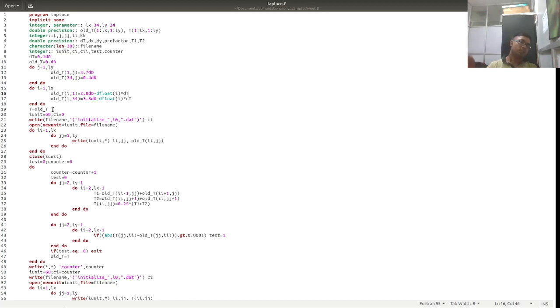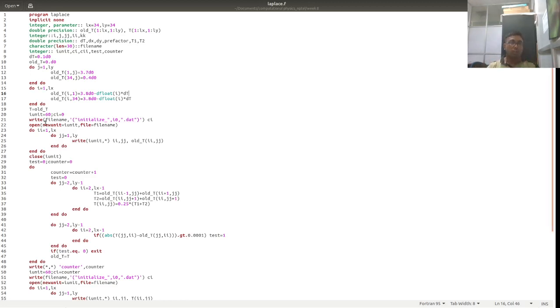I am just assigning this old t array to the temperature array. Before the iteration starts, I am going to store all of the temperature values at the initial stage. At the boundary there are some finite values except 0 for the temperature, and at each of the points interior to the boundaries, the temperature will have values 0.